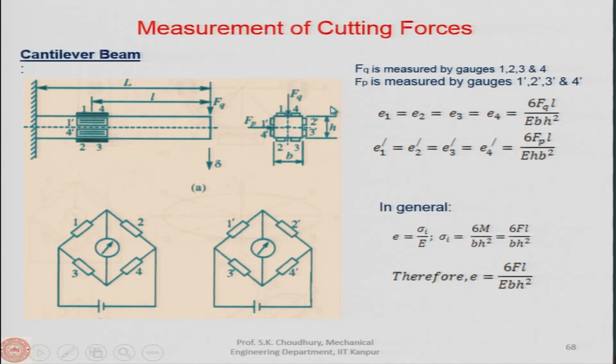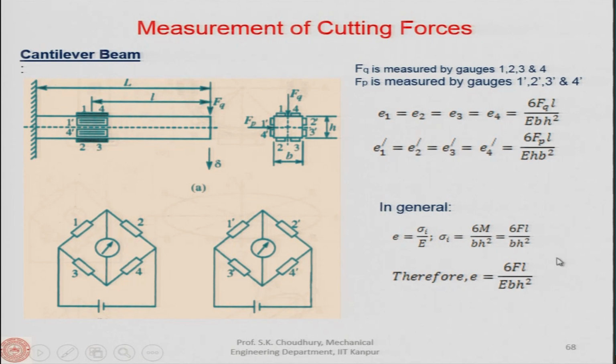Similarly, on the other plane, b and h will be interchanged, because it is the other plane. So, there E1 prime, E2 prime, E3 prime and E4 prime, similar to this equation, will be 6 and it will sense the Fp.